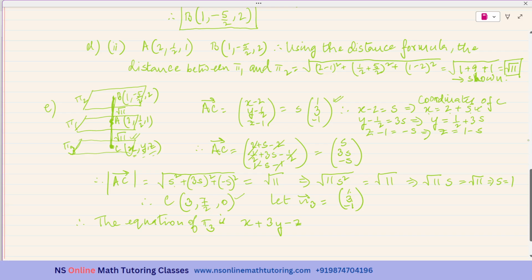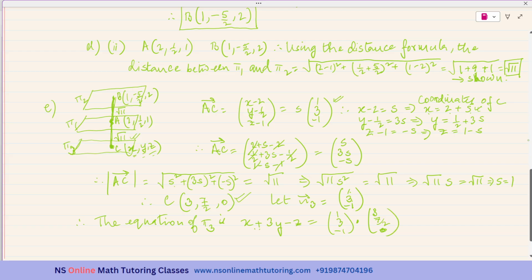So x plus 3y minus z is equal to, this is n dot r, this left side, and the right side will be n dot a. So it is 1, 3, negative 1 dot, and the position vector of this point C. So 3, 7 over 2 and 0.